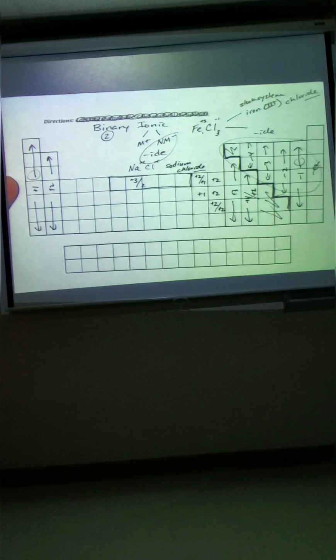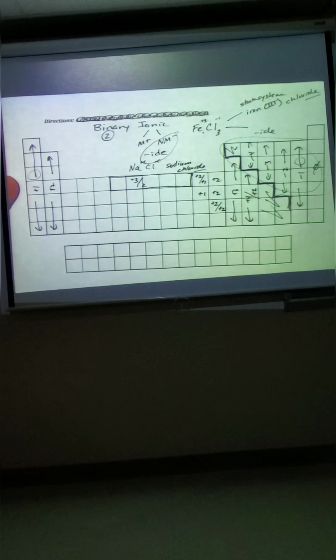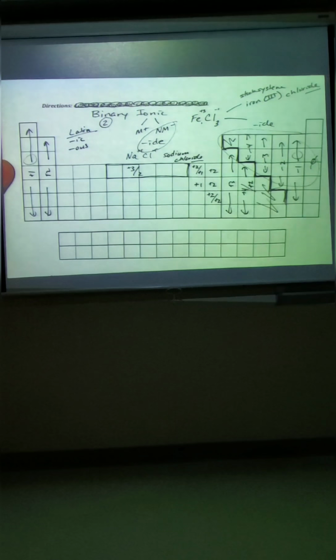So notice still ends in IDE. But we can also name it based on its traditional name, its very fundamental Latin name, which is ferrum. We can use ic versus os. Ic versus os is a Latin system, and what's important about it is the ic is always the higher charge, os is always the lower charge.